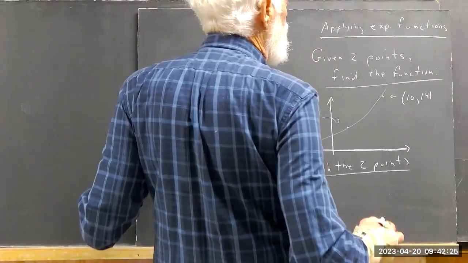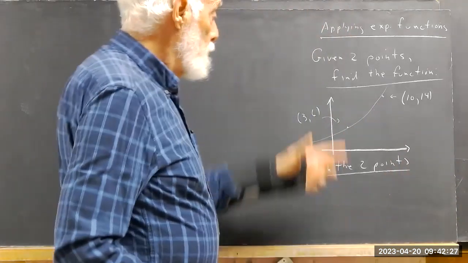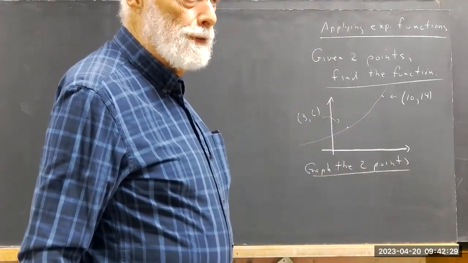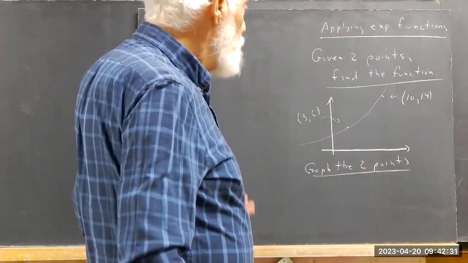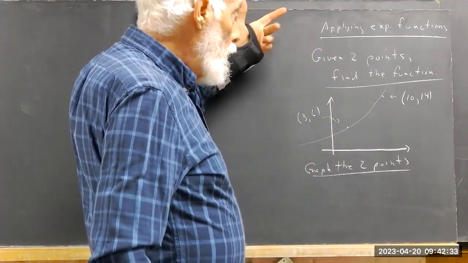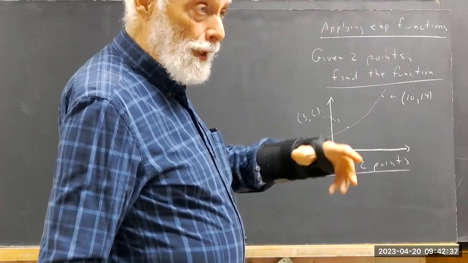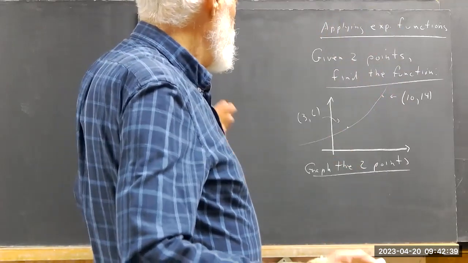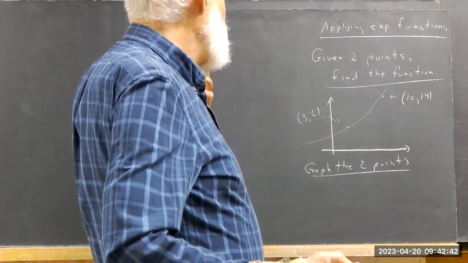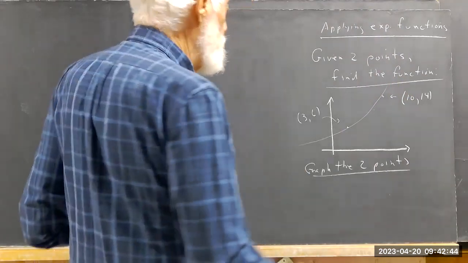Now, you have questions. Go to this graph and answer some of the questions. The question is, what's the value of y when x is, let's say, 5? Okay, you can make an answer.